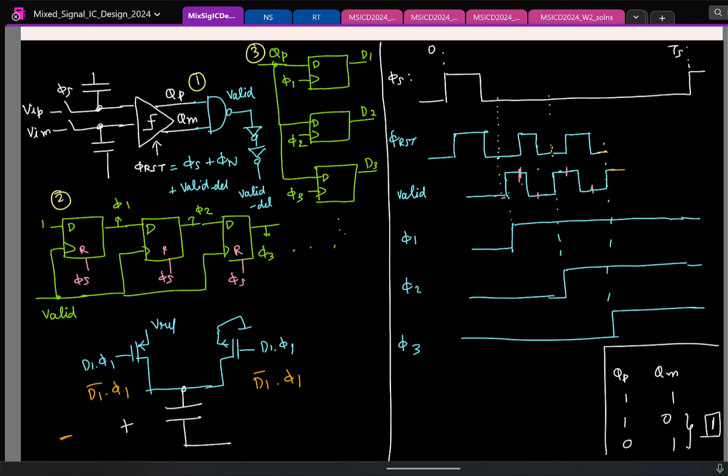Again, if I were to summarize it once more neatly, let me first draw the capacitor. Let us say this is the capacitor, the MSB capacitor. This is connected to either the reference or to the ground using 2 sets of switches, and the control here is d1 times phi 1, d1 times phi 1, and then you have all the other capacitors in a binary weighted fashion.